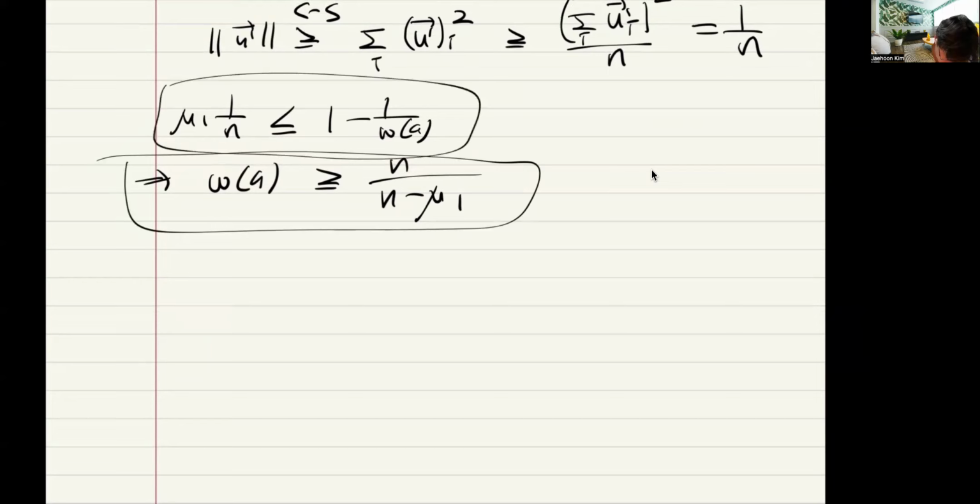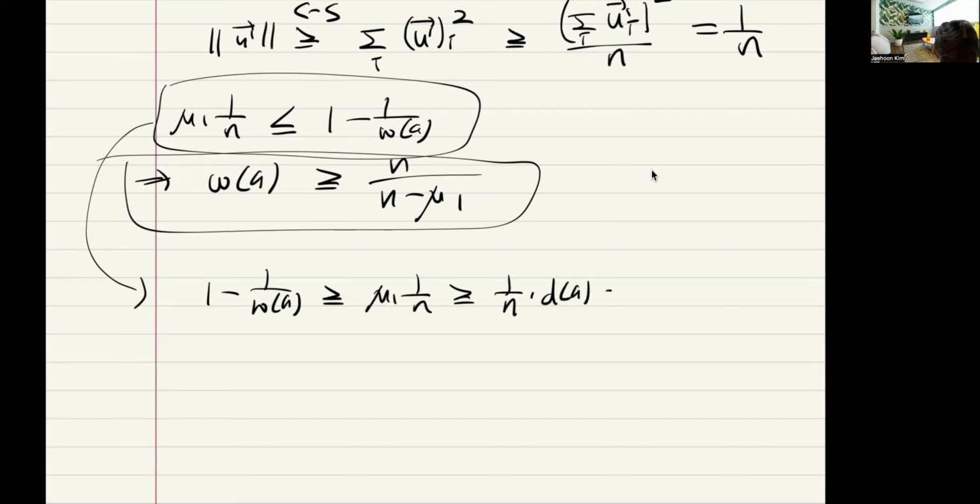And then from here, what do we know? 1 minus 1 over omega of G is at least mu1 times 1 over n. But what do we know? mu1 is at least the average degree, which is twice the number of edges divided by n.